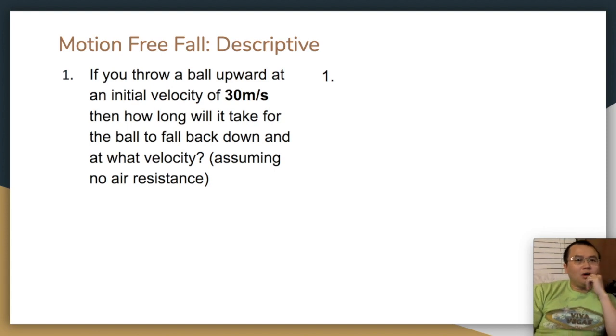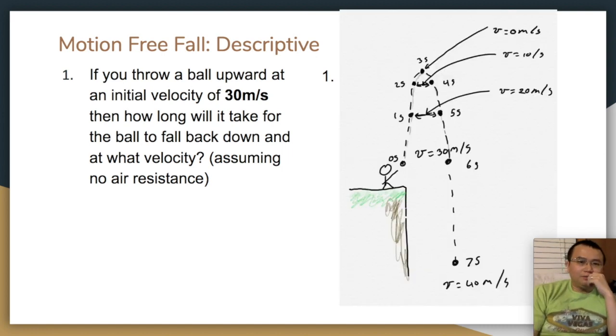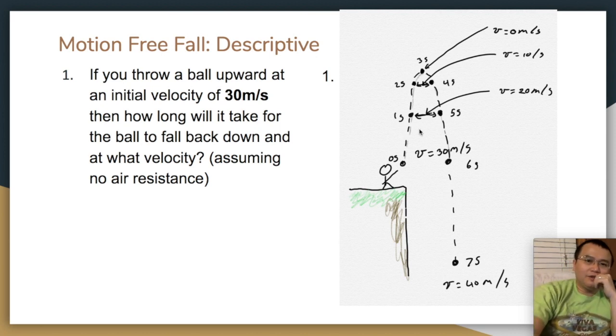If you throw a ball upward at an initial velocity of 30 meters per second, then how long will it take for the ball to fall back down, and at what velocity? Pause the video, figure that out, and click play again when you're ready. If you think about it, when you throw a ball upward at 30 meters per second, during the first second the ball will travel at 20 meters per second.